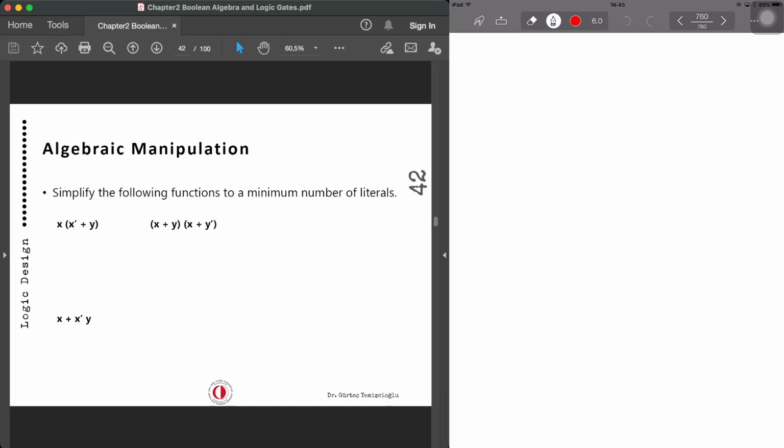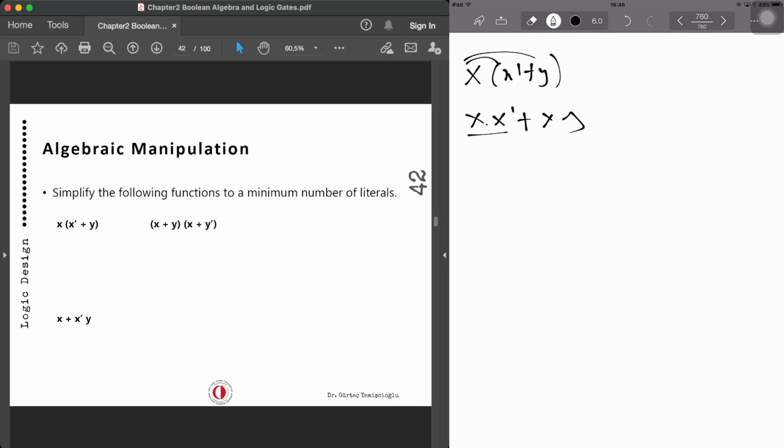X dot x prime plus y, times, x prime plus y. When we consider this as an expression, I can multiply these out. So x dot x prime or xy. Now what is x dot x prime?